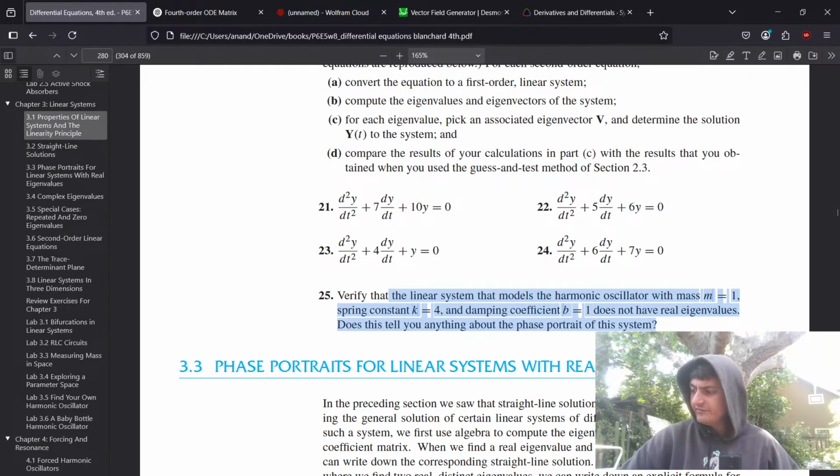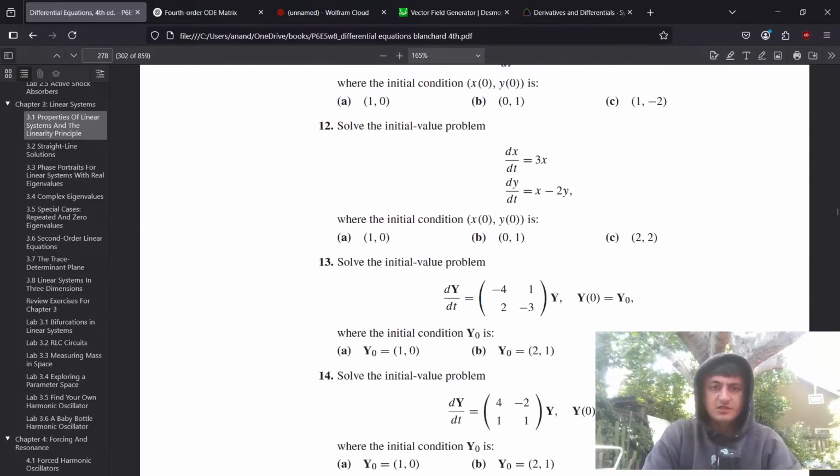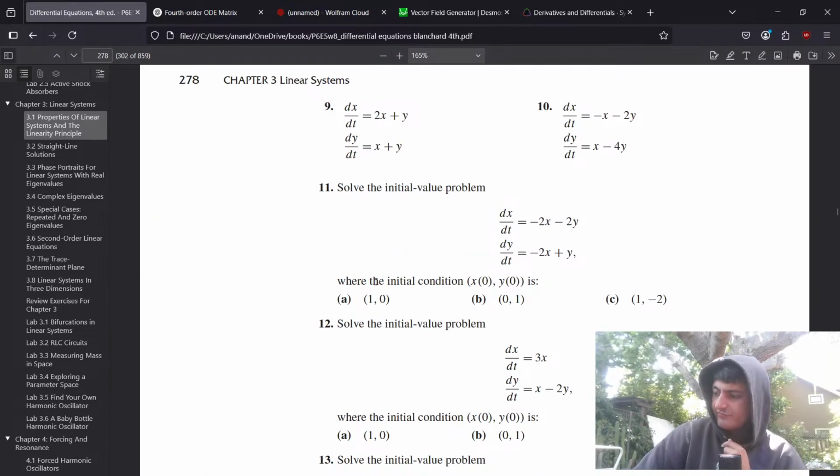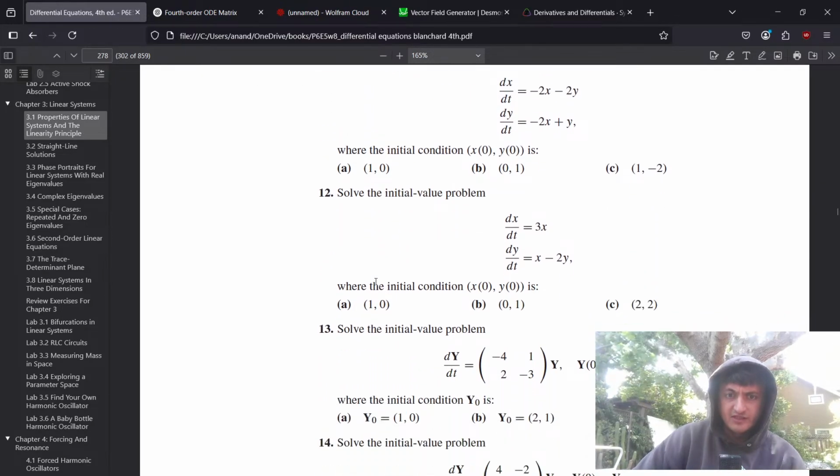Maybe we'll do 25. Okay, so we're going to do one of the IVPs. Let's do 5, 7. Then we'll do 11 and 13.